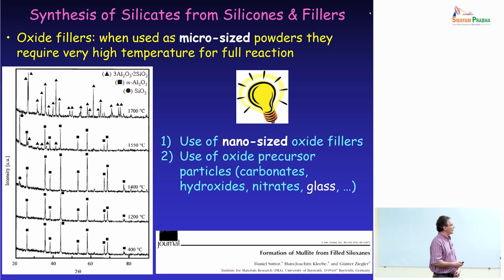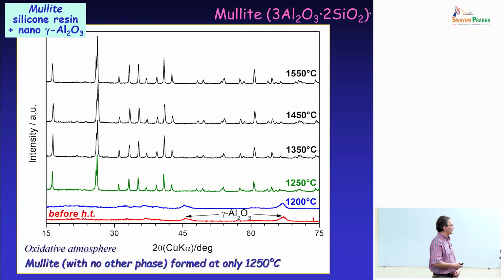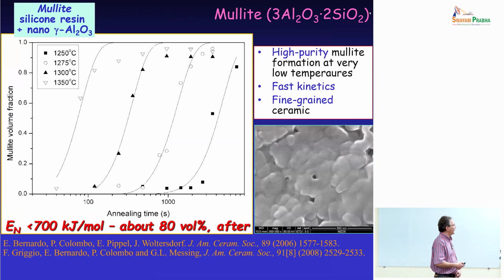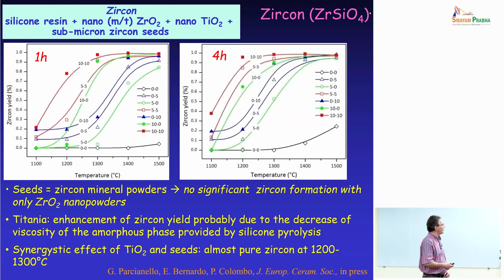But if you use nano-sized oxide fillers, or if you use oxide precursor particles, or if you use a reactive form of silica, you can see here that we can obtain with gamma alumina mullite already at, in this case, 1250, but we can go down even lower. And the activation energy for the reaction is much lower than what is typical for other approaches.